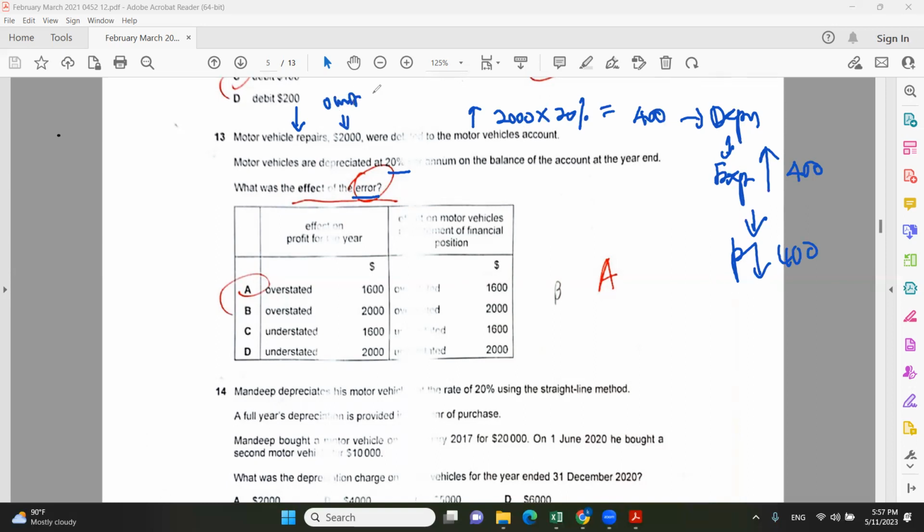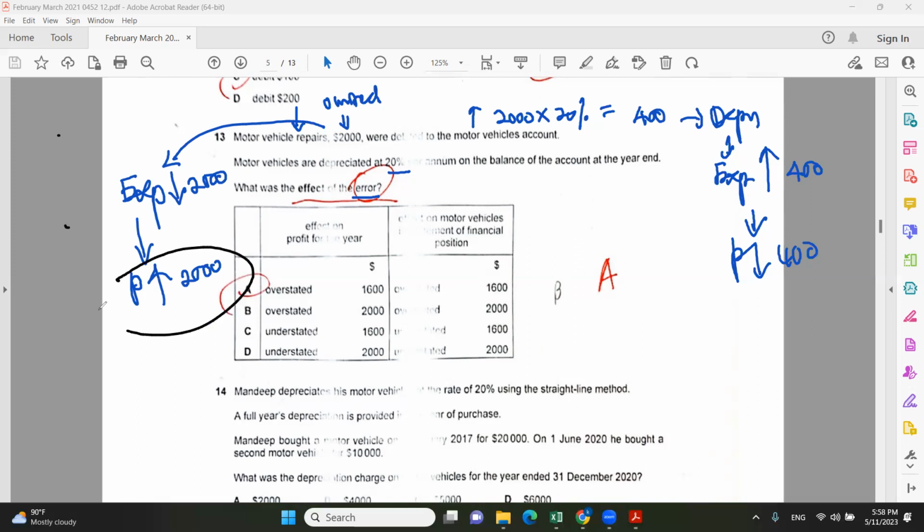When this one is omitted, expenses are understated by 2000, so profit will be overstated by 2000. So the effect on the profit for the year is this one and this one. One increase, one decrease. So the net will be overstated by 1600.